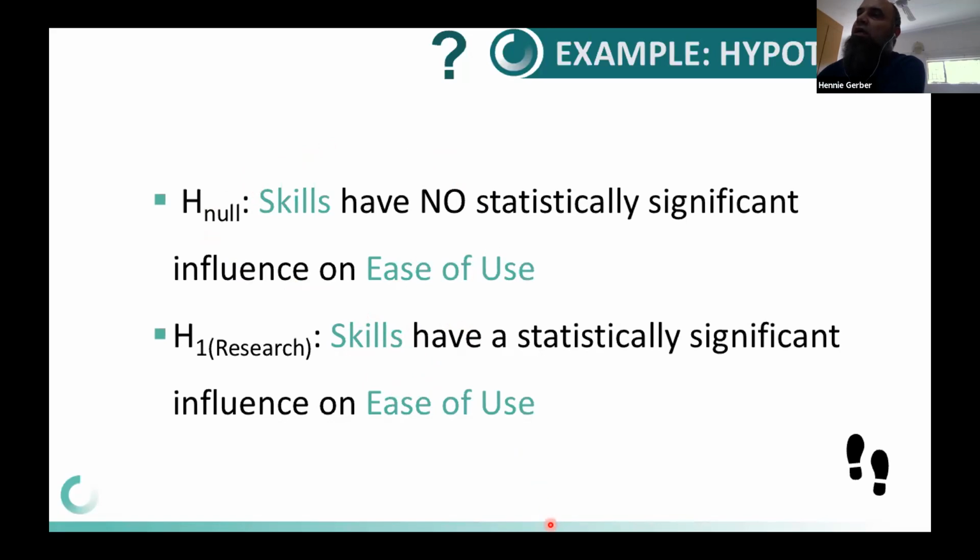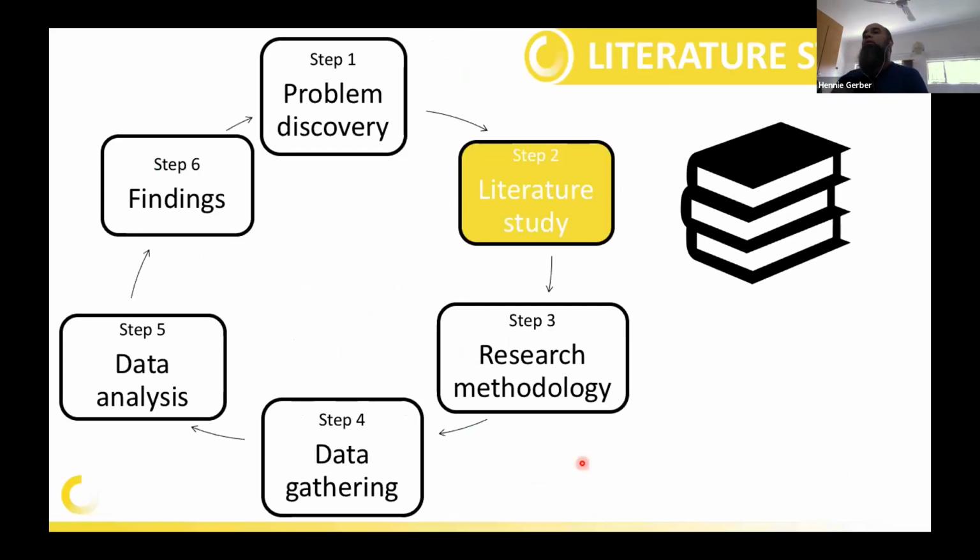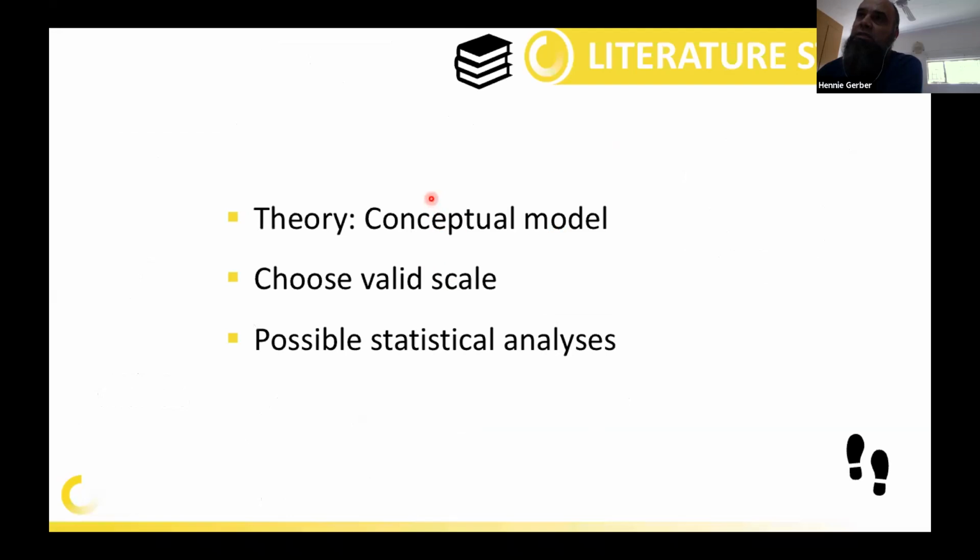Okay, let us look at the next step. Now, in the literature study, you must already look at a few things from a quantitative perspective. The first thing is, you will obviously look at your theory, but if you have some sort of conceptual model, you will get this from your literature study, and you must set up your conceptual model.